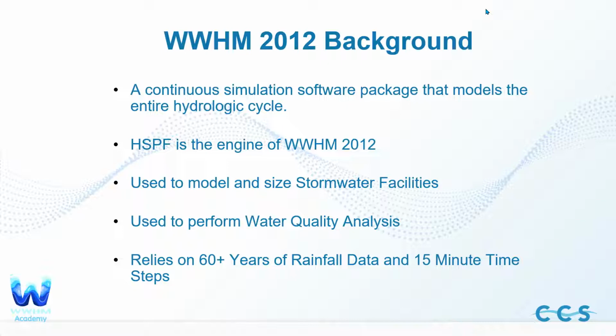As we know, a stormwater event doesn't happen completely dry and with the past not having an impact on it. Stormwater events that have come before and have impacted that land use are going to have an impact on how quickly the soil gets infiltrated and what kind of runoff is produced. So in a continuous simulation software like WWHM 2012, we're relying on years of rainfall data and those 15-minute time steps to gauge what is going to happen and get the flow ranges from that.